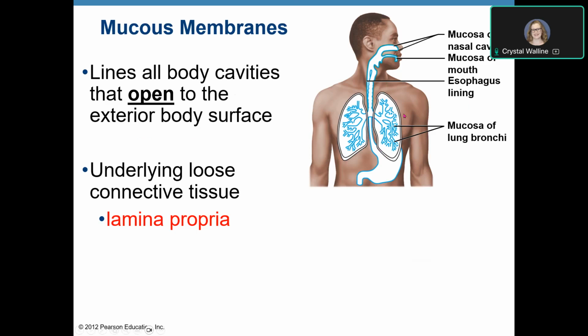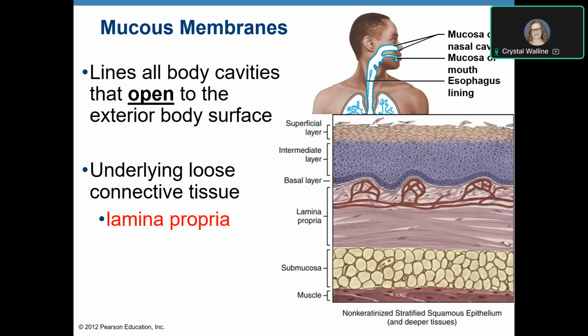Mucous membranes are always supported by a layer of connective tissue, and that tissue is known as the lamina propria. This kind of gives you a cartoonized indication of where you would find the lamina propria.